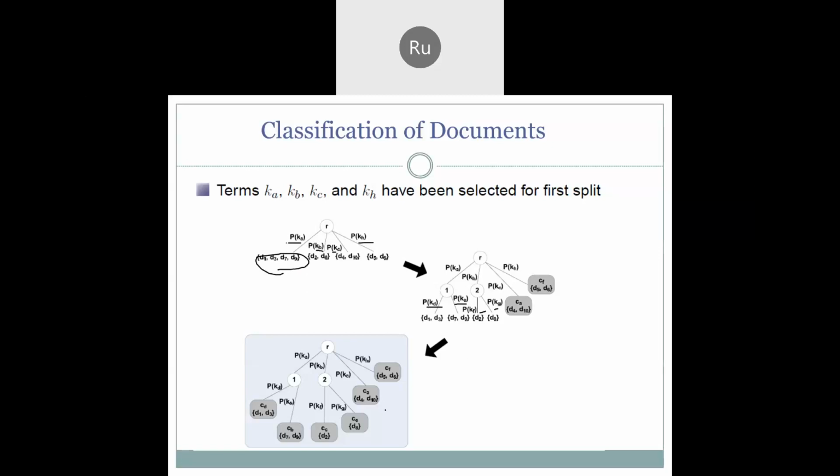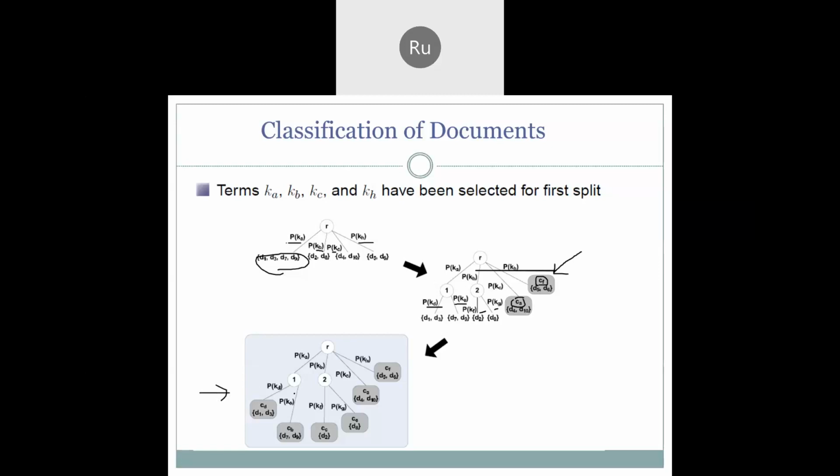Okay, and once there is no more splitting here, that means this is the class label. So similar to here, there is no more splitting. So the last component that we have will be the class label.